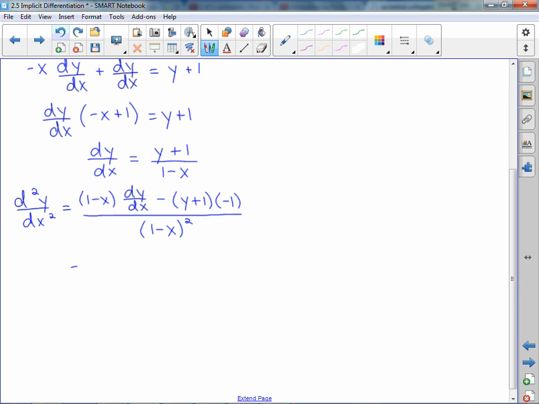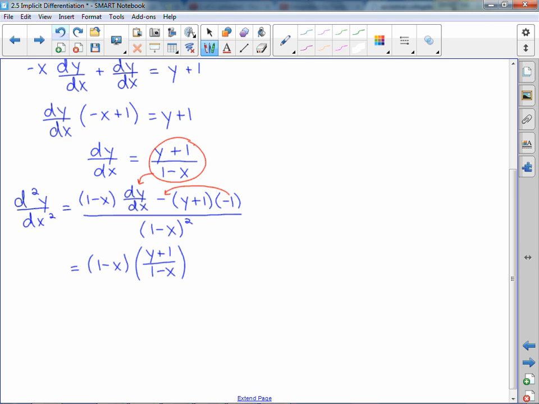Okay, so let's start cleaning this thing up. I'm going to substitute this dy dx right there, and I'm also going to distribute this negative 1, or actually combine it with the negative out front. So we have 1 minus x times the quantity y plus 1 over 1 minus x, and that's real nice because we can see here that the 1 minus x is actually going to cancel.